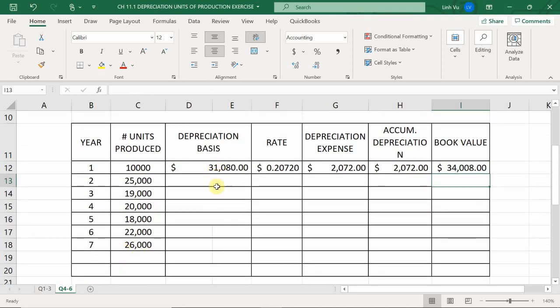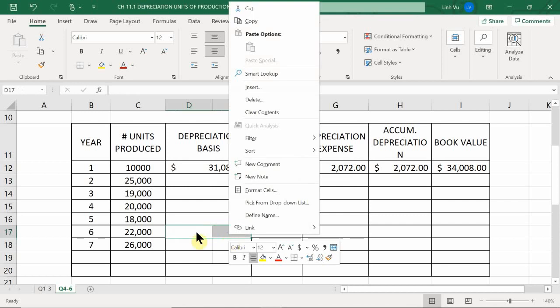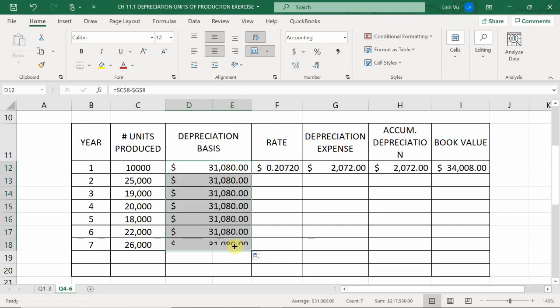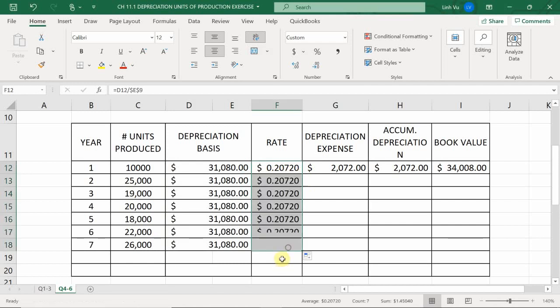What's my depreciation basis for the second year? The same. So I'm going to drag it all the way down. This one needs to be merged, and this one needs to be merged. Okay, there you go. They're all going to be $31,880. What about my per unit rate? Same. That also stays the same for all 7 years.